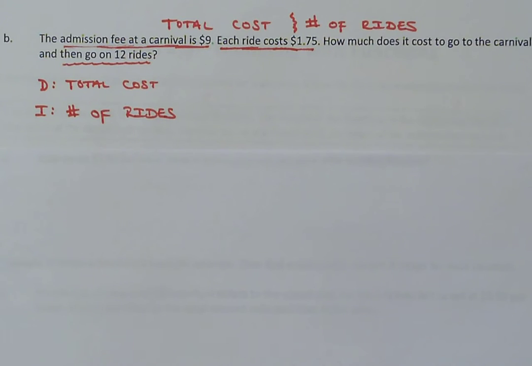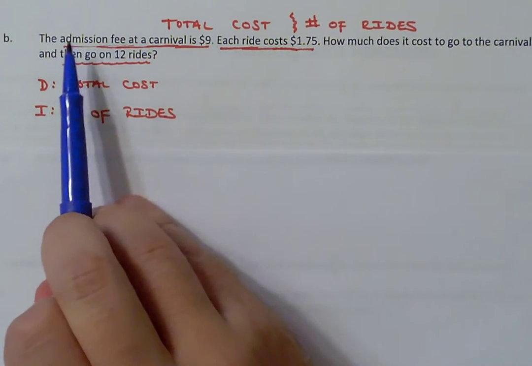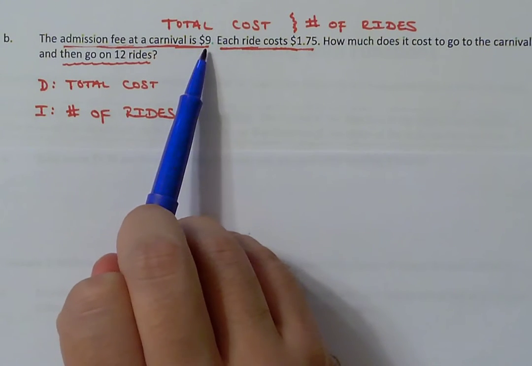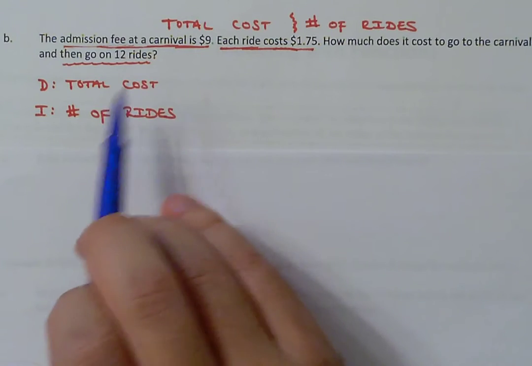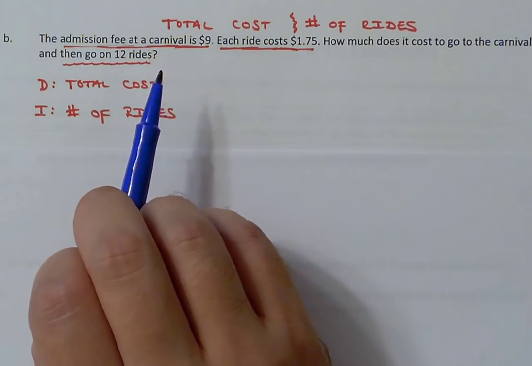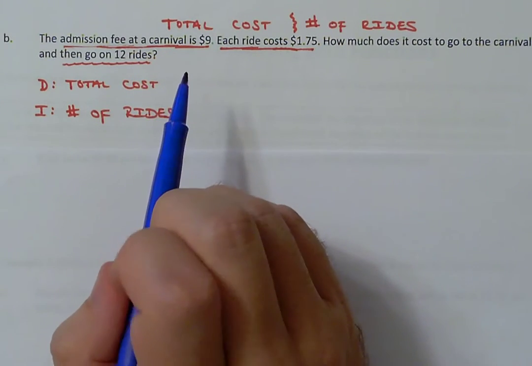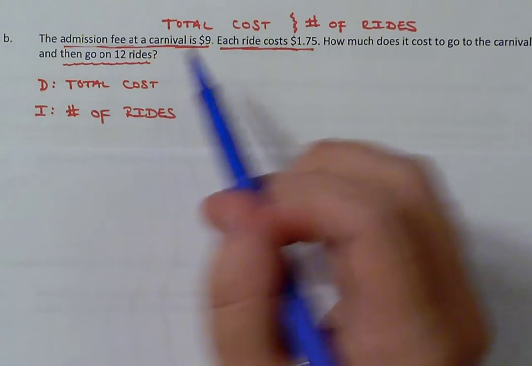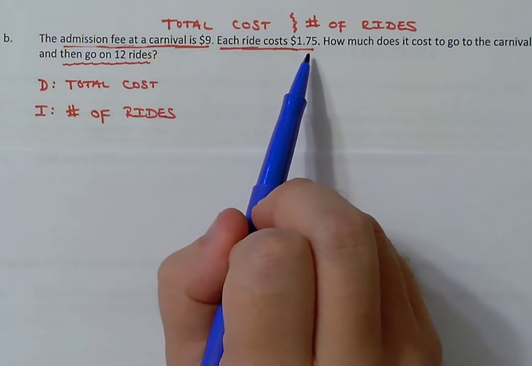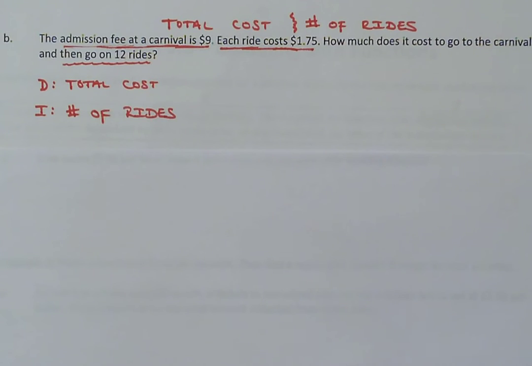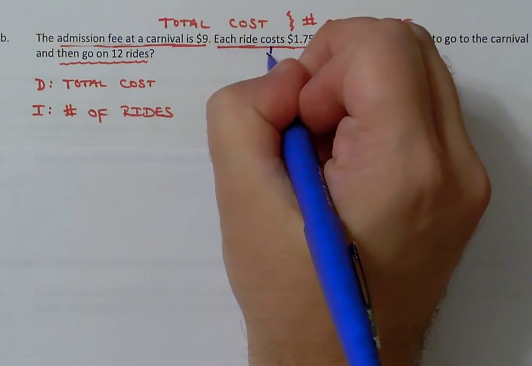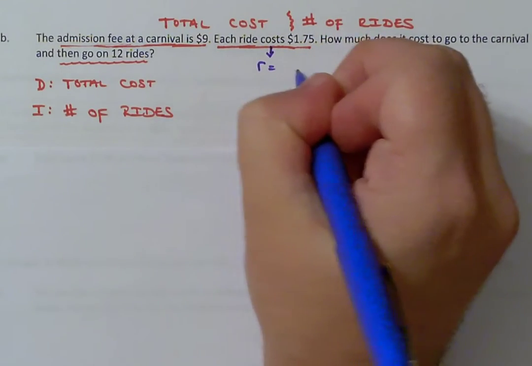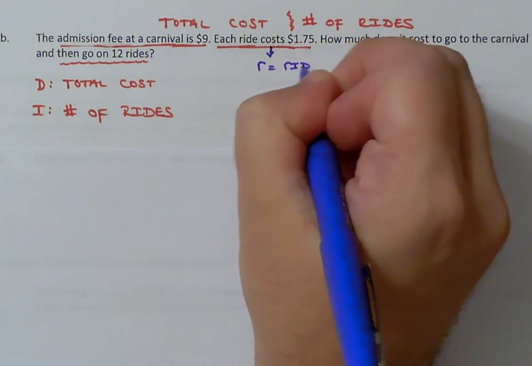Alright, next I need to write a function for this. The admission fee at a carnival is $9, so my initial payment is $9. I don't pay that for every ride, I just pay that when I go in. You would pay the person at the ticket booth $9, and then each ride is going to cost $175. My variable here is the number of rides, so I'm going to use r for rides.